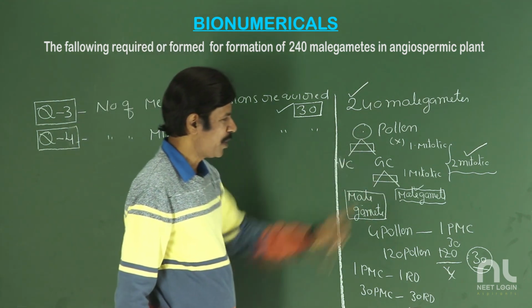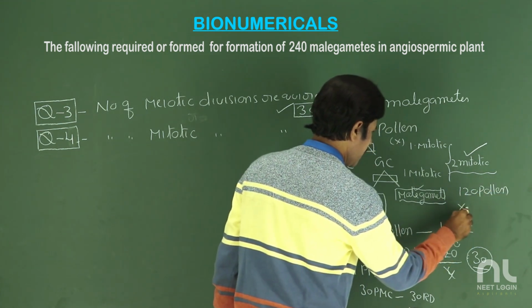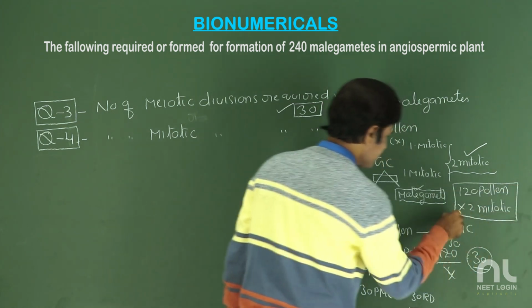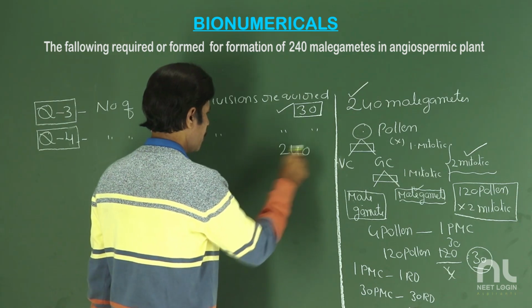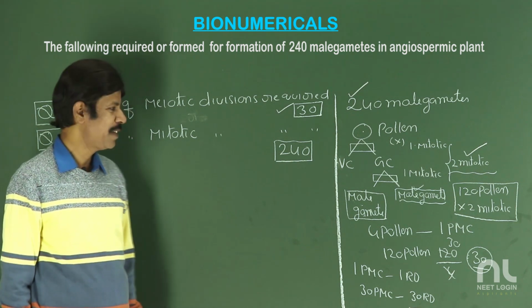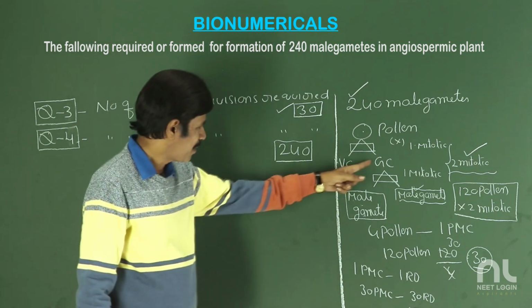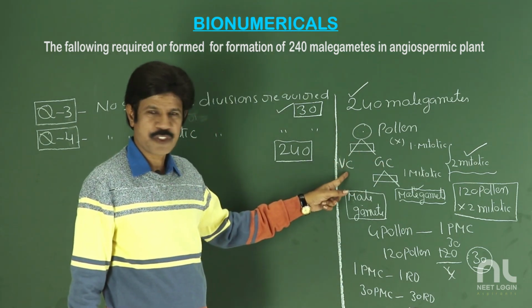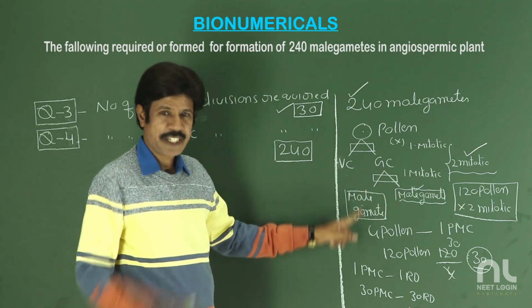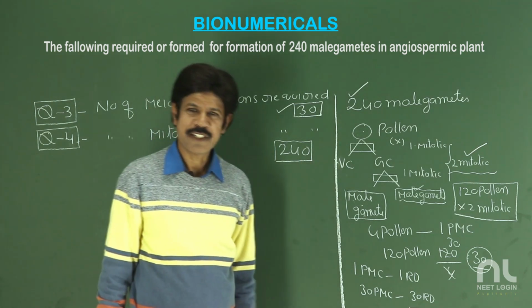One pollen grain, two mitotic divisions. 120 pollen into two mitotic divisions is 240. As each pollen undergoes two mitotic divisions: first mitotic division, generative cell and vegetative cell; second mitotic division, two male gametes are formed. For 120 pollen grains, it is 240 mitotic divisions.